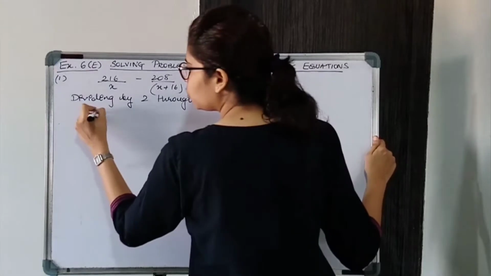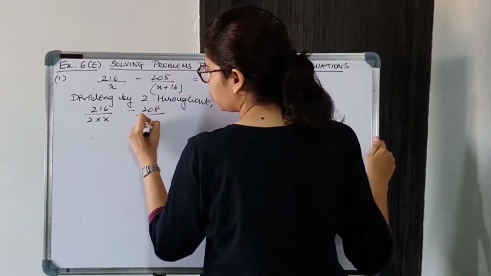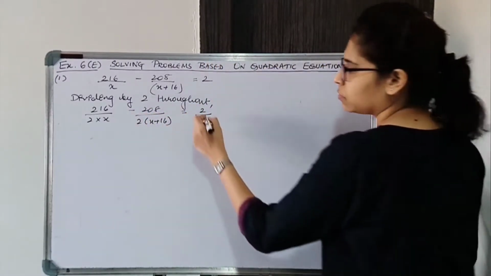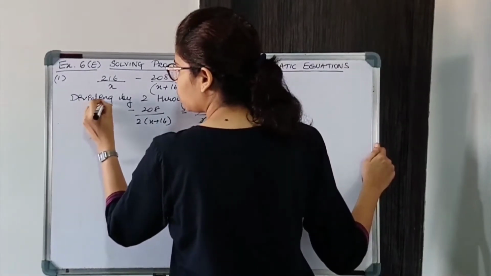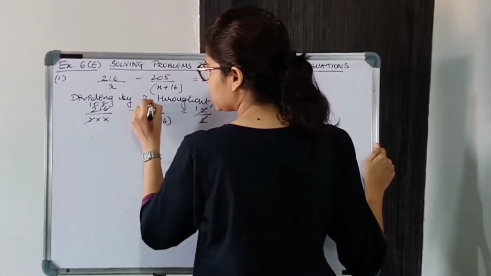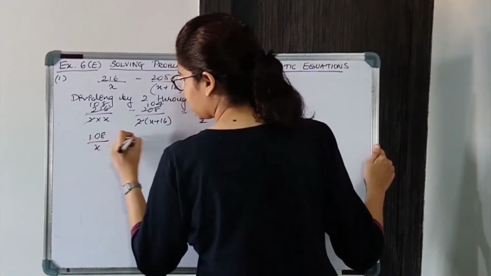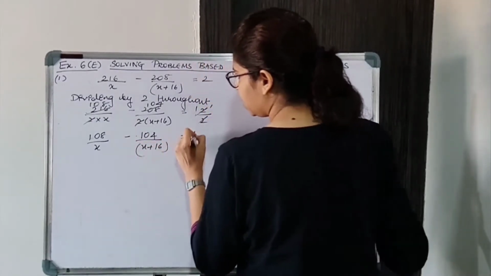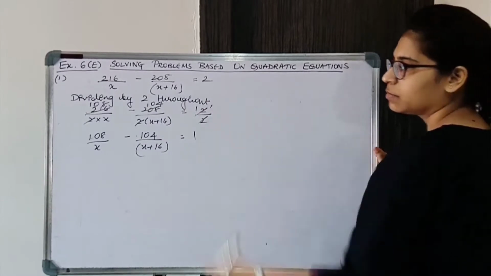So it will become 216 upon 2 into x minus 208 upon 2 into x plus 16 is equal to 2 upon 2. 2 ones are 2, 2 ones are 0 8s are, 2 ones are 0 4s are. So we'll get 108 upon x minus 104 upon x plus 16 is equal to 1. You can skip this step. Okay, this is just for understanding.